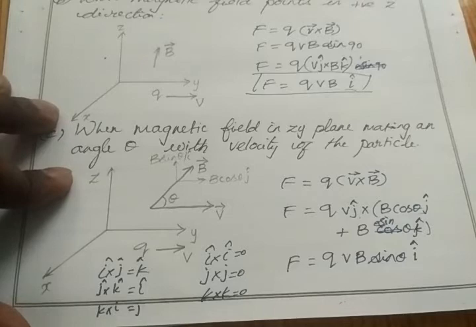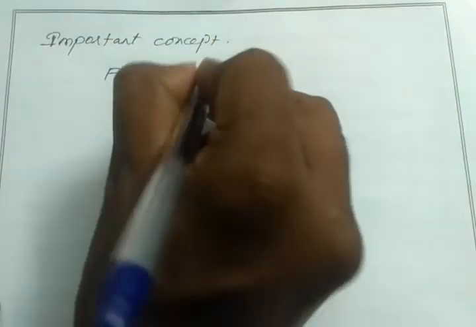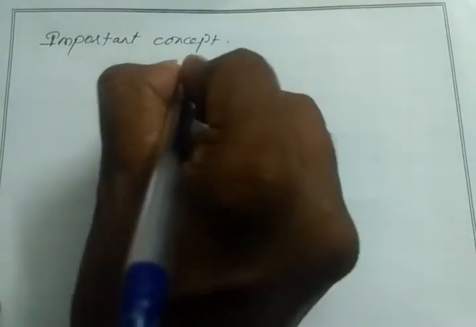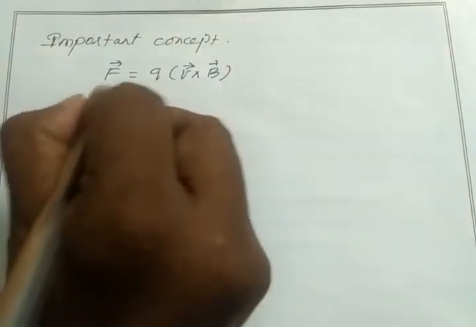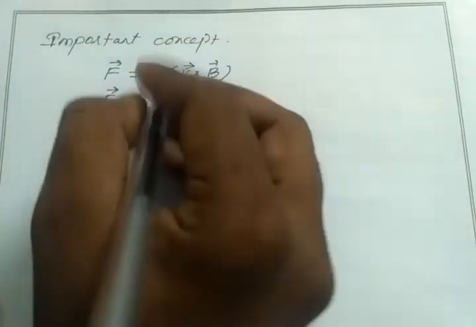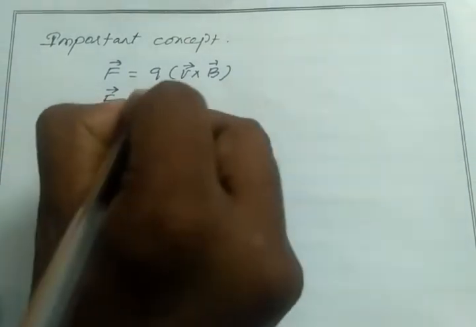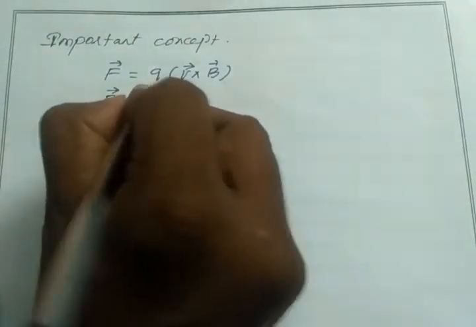Clear? Here we have to understand one important concept. We know the formula of magnetic force F equal to Q V cross B. This means the magnetic force should be perpendicular to the velocity, the motion of charge.